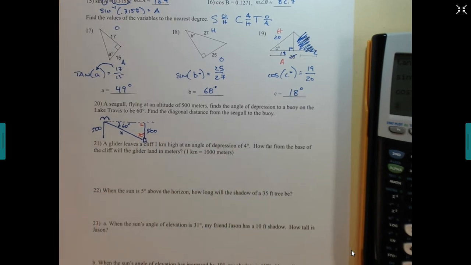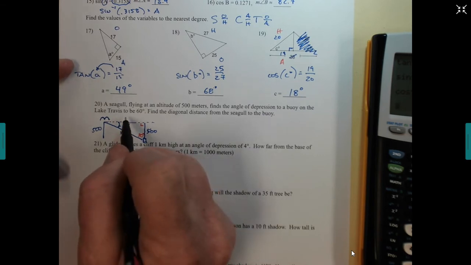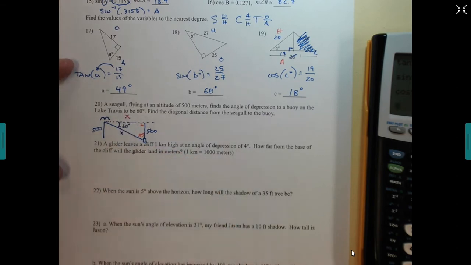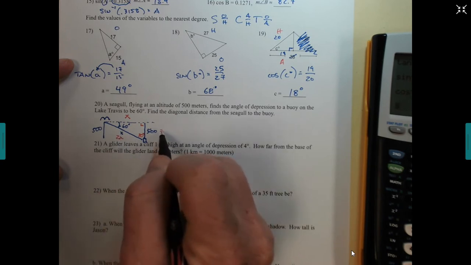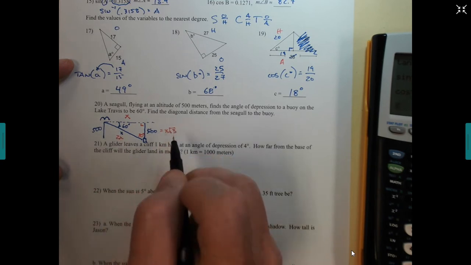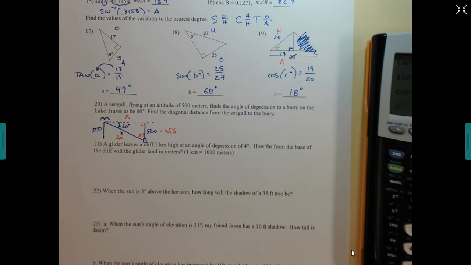All right. So I'm going to go ahead and go special right triangles just so you can see this. If I labeled my sides, this would be x. The hypotenuse would be 2x, and this would be x times the square root of 3. Now, they didn't say I had to put my answer in any sort of simplified radical form.